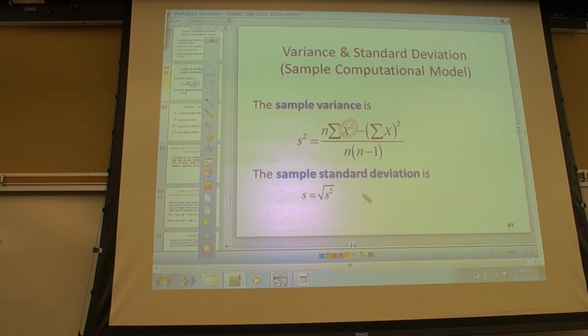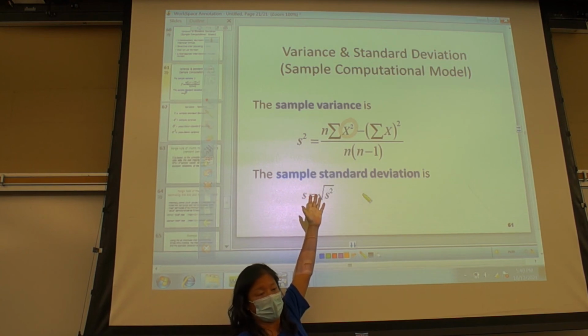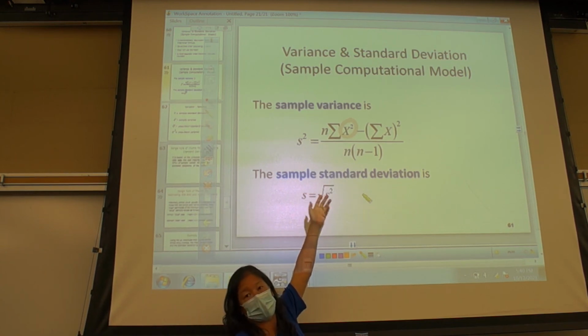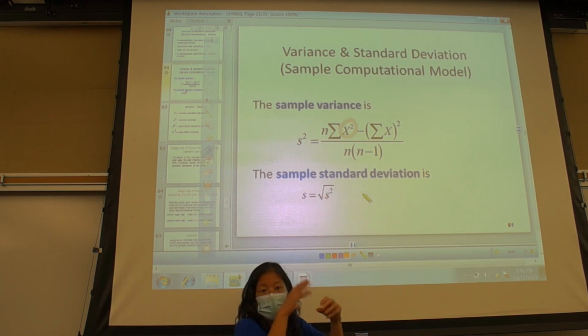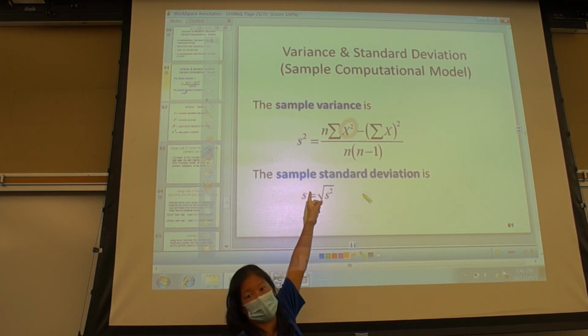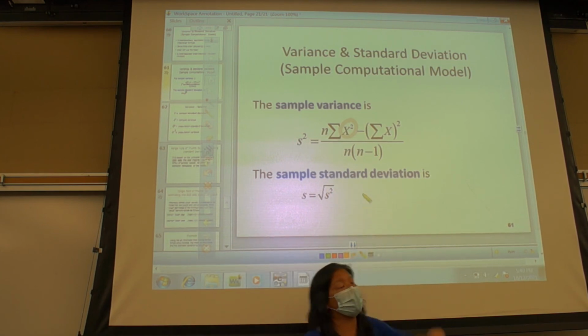That's what this first part means: square the x's first, then sum them, because the exponent takes precedence over summation. Once you find the sum of all the squares, multiply it by n. Then minus this other part.